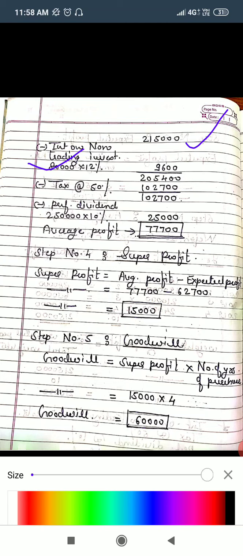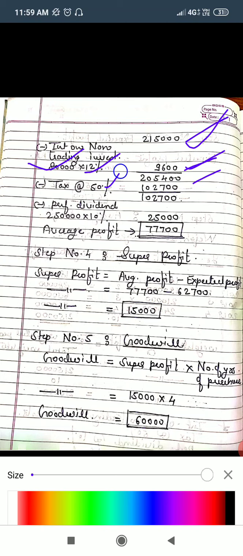So 80,000 into 12%, if you calculate, you will get the interest on the non-trading investment. Because these are not your trading profit, we are deducting from here. So 9,600 deducted from 2,15,000, you will get 2,05,400. Okay, that is profit after interest.